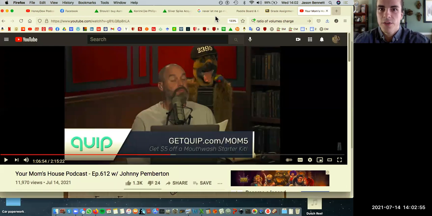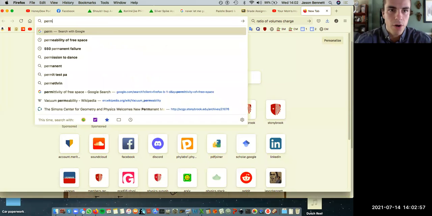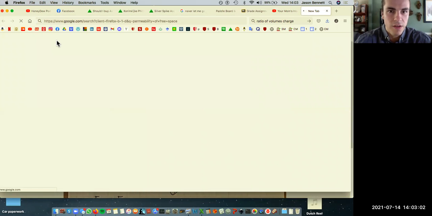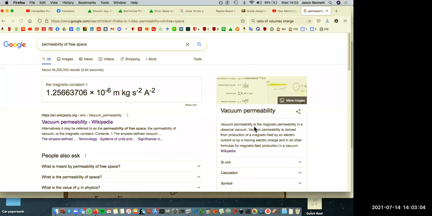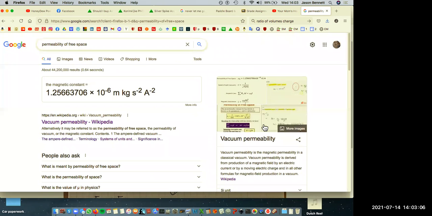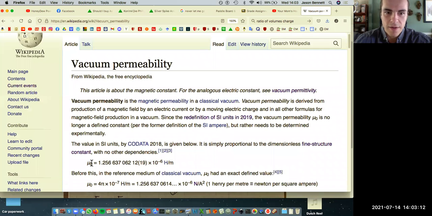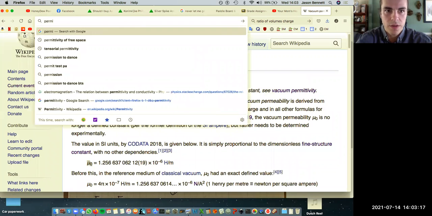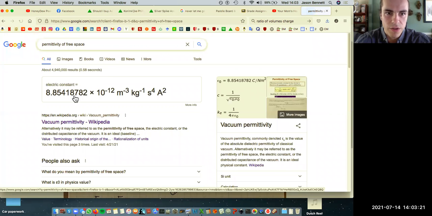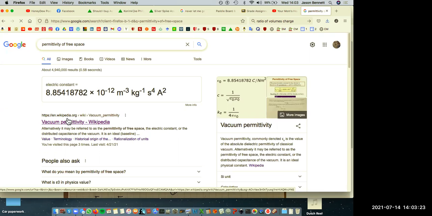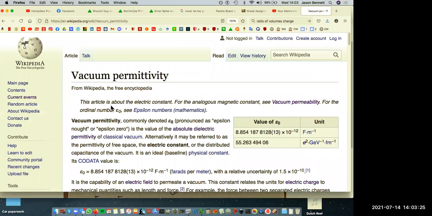I always get it confused with the permeability, which is for magnetic fields, with a mu symbol. The permittivity of free space is this little epsilon thing, and it's something you can find the value of on Wikipedia.